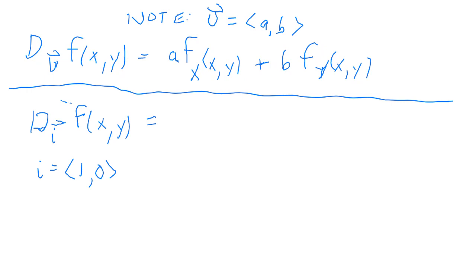So for the vector i, in order to see the direction in which we're looking, we only need a 2-component vector. So the directional derivative would just be equal to 1 times the partial derivative of f with respect to x plus 0 times the partial derivative with respect to y.